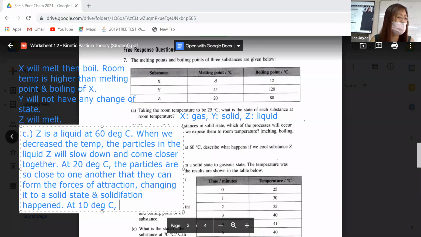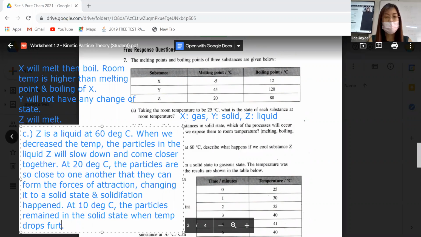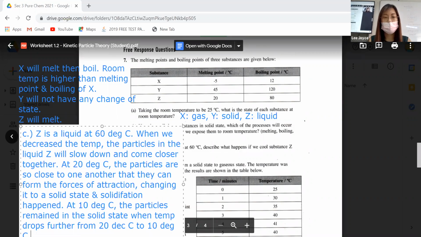Okay, so we're going to say that at 10 degrees Celsius, the particles remain in the solid state.